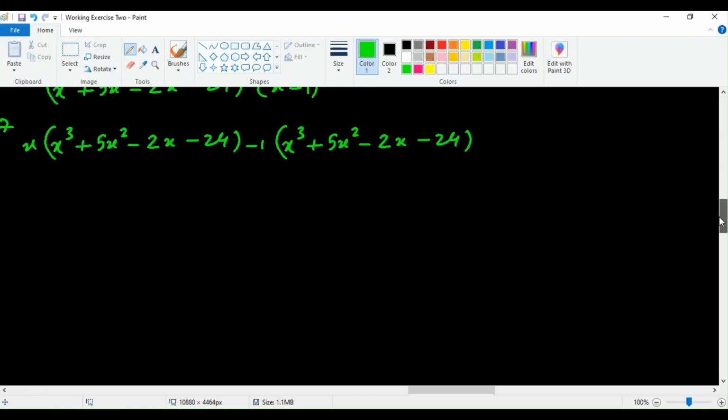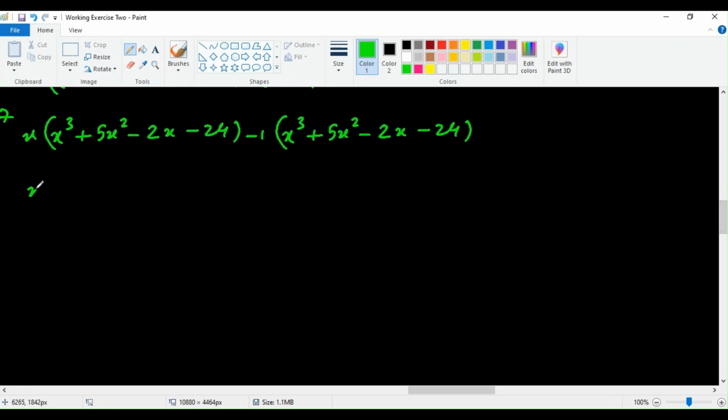So now as a final, you're going to get x power 4 plus 5x cube and minus 2x square and minus 24x. Now look at this one. This minus 1 is going to change all the signs. So I'm writing as it is with a different sign. Plus becomes minus, and this minus becomes plus 2x and plus 24.